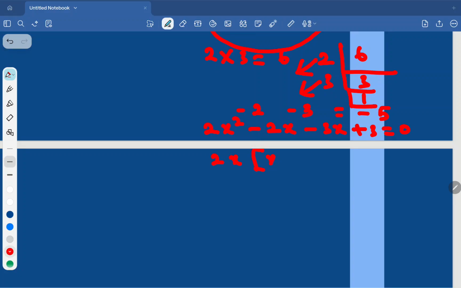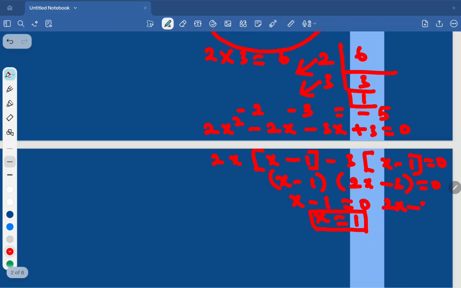Take 2x outside, x minus 1, minus 3 outside, x minus 1 equal to 0. x minus 1 into 2x minus 3 equal to 0. x minus 1 equal to 0, x equal to 1.